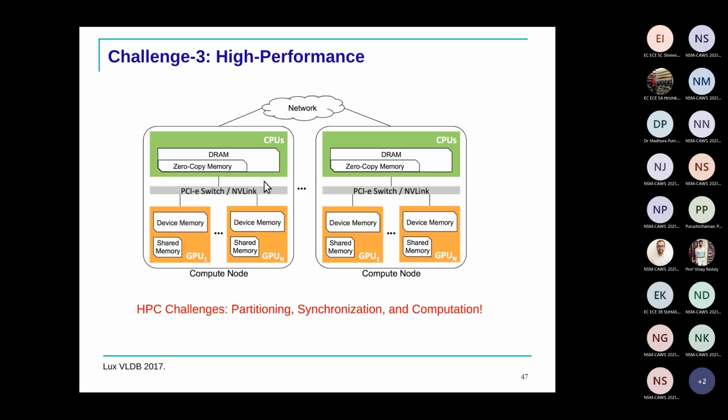Then how do you improve the performance of these applications when you have multiple machines and multiple GPUs within each machine? How do you partition the problems effectively, synchronize the processors, and perform the computation effectively on each GPU? So this is one kind of challenge.